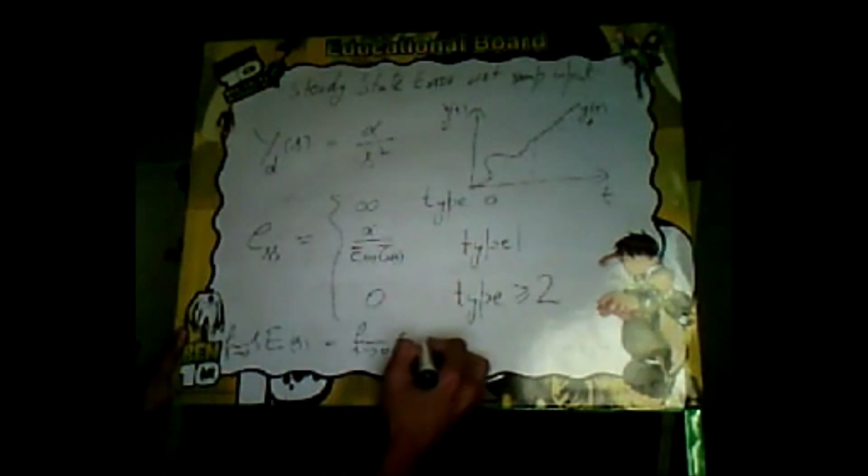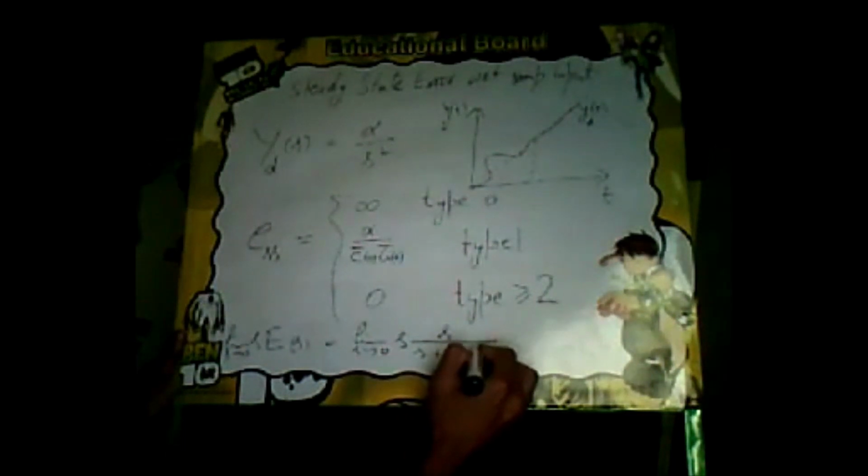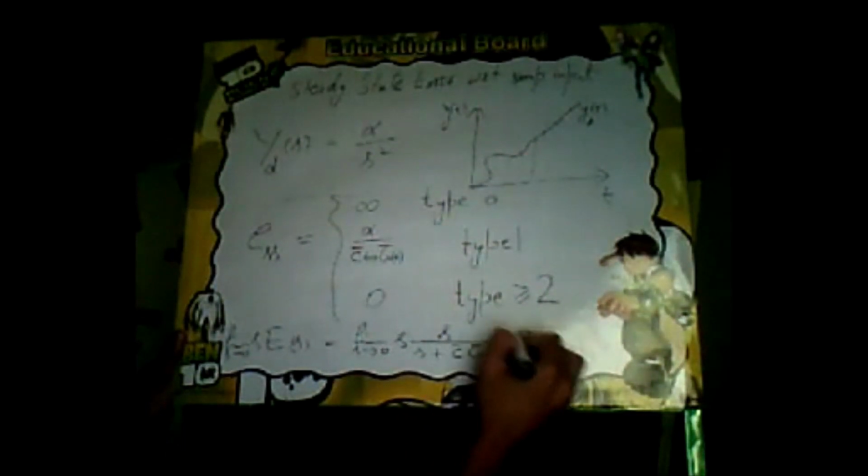So for type 1, e of s is limit s approaches 0 of s into e of s. Remember this is type 1, so there will be s over s plus c bar g bar, and here the input is a ramp, so alpha over s square.